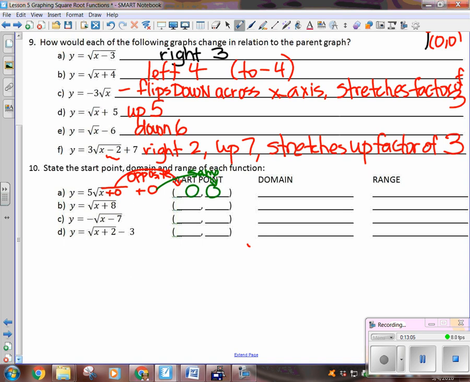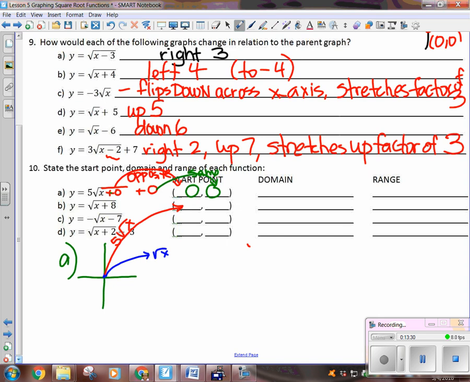It has no number on the inside and no number on the outside. If this is the original square root of x, then this one with 5 would look like this. That would be 5 square root of x. That graph just stretches upward 5 times farther each movement.